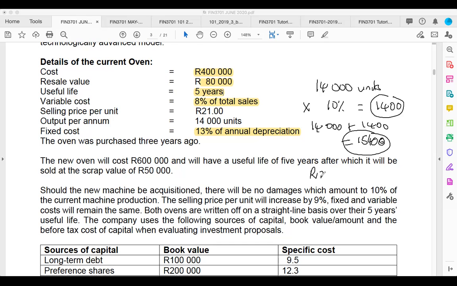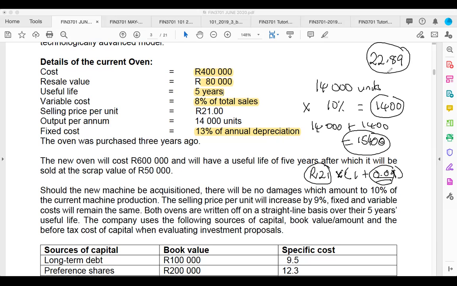And then the selling price of 21 Rand is going to increase by 9%. And remember, if we want to increase any amount by a certain percentage, we can just take that amount multiplied by 1 plus the percentage increase. So it would be 21 multiplied by 1 plus the percentage increase, and we get 22.89. This would be the new selling price.